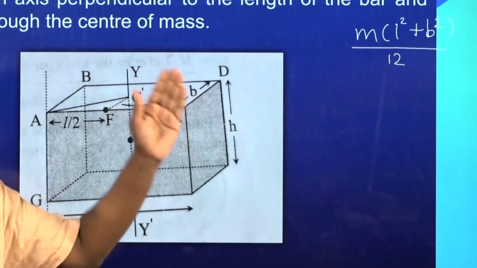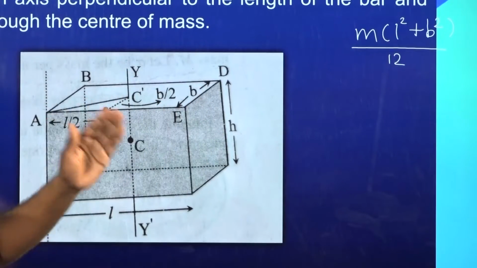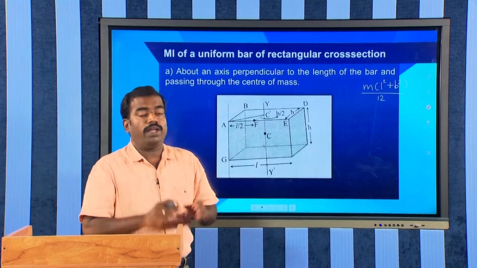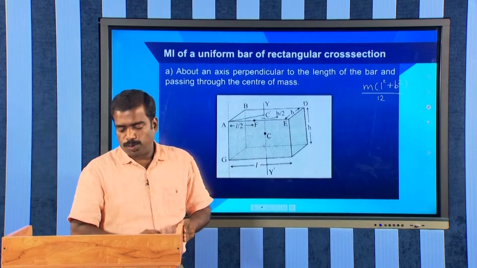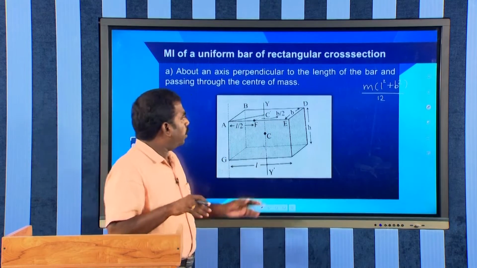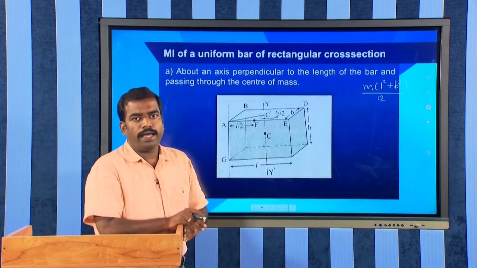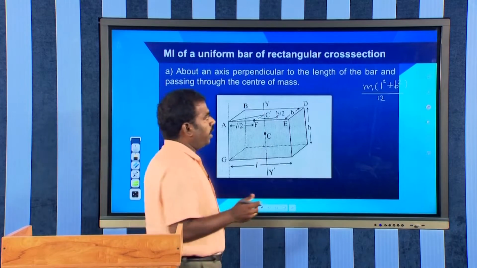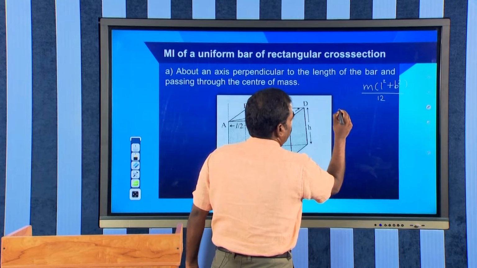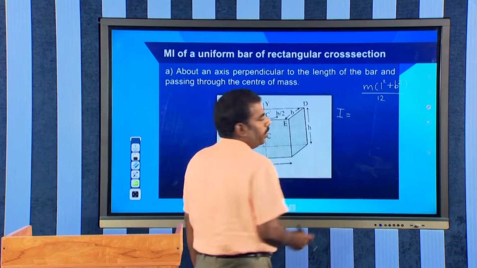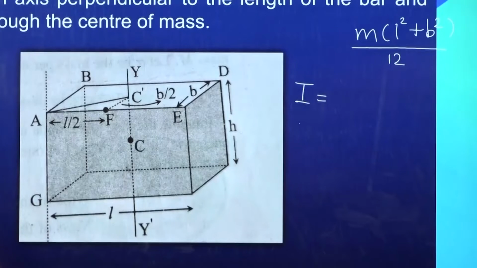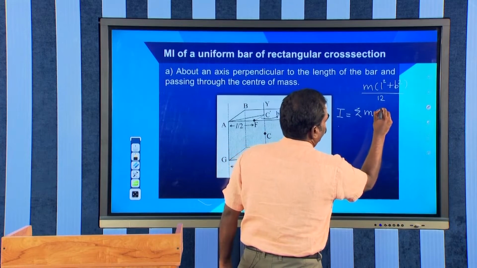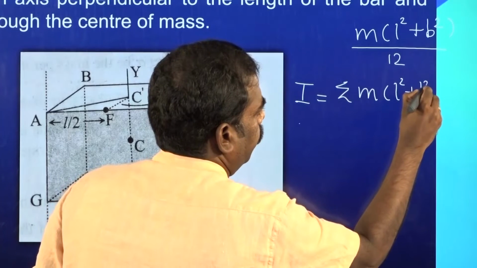So, this is the moment of inertia of the rectangular lamina of mass small m, and we imagine that the solid bar is made up of a large number of such lamina. The moment of inertia of the whole bar about the axis y dash is the sum of the moments of inertia of all such laminae. I equals sigma m into (L square plus B square) by 12.